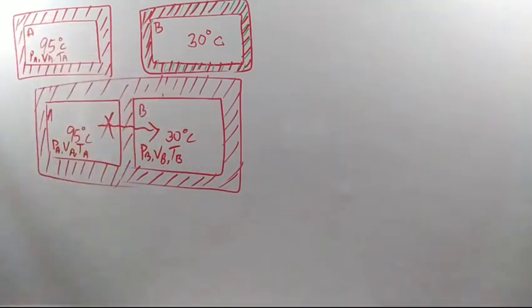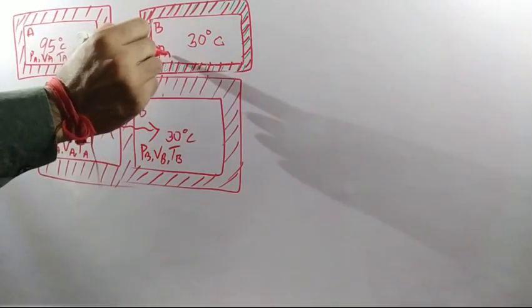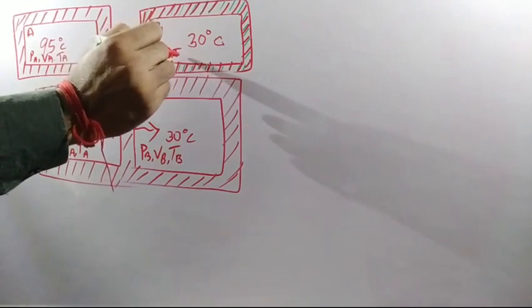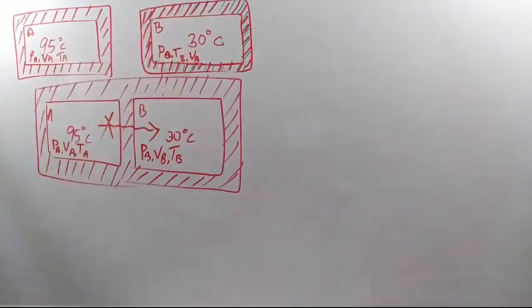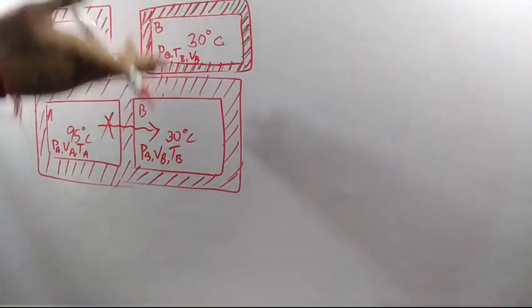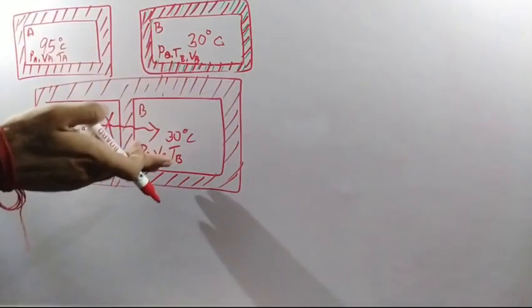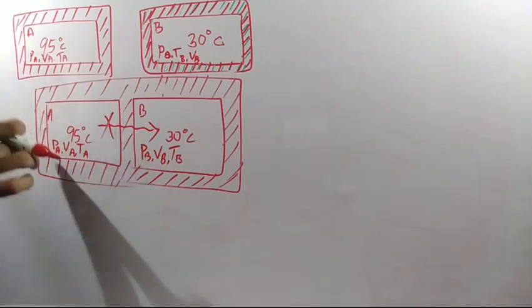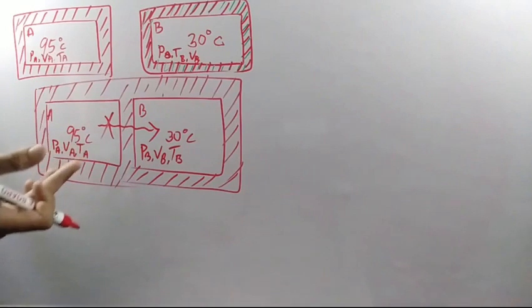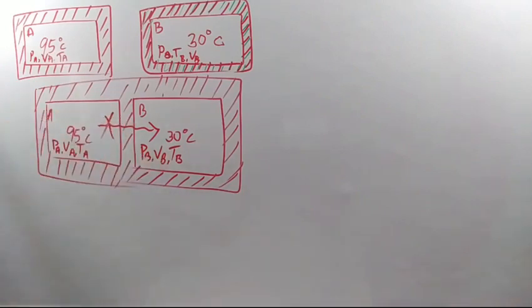System B is also in thermal equilibrium because initially the values are PB, VB, TB. If I talk about only system B, it again has PB, VB, TB, meaning thermodynamical variables are constant here also. So system A and system B are in thermal equilibrium, provided their thermodynamical variables are constant.